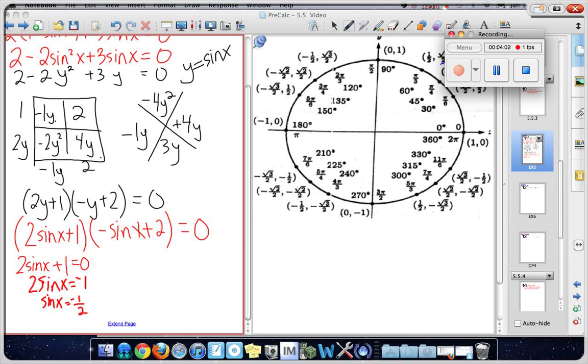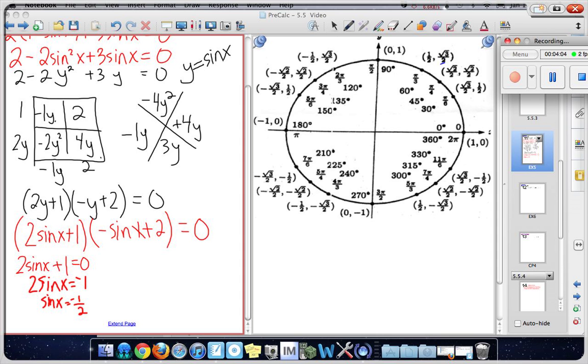And I see those angles are, when sine is negative 1/2, that's the y. I see it here, and I see it here. So my two solutions are 11 pi over 6 and 7 pi over 6 for this half of the quadratic.